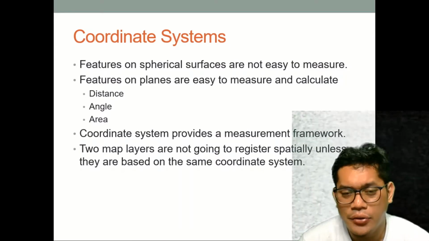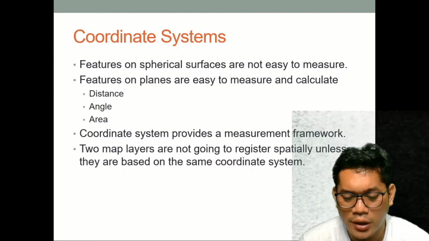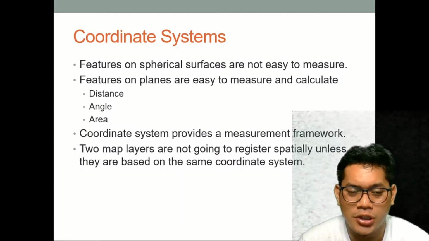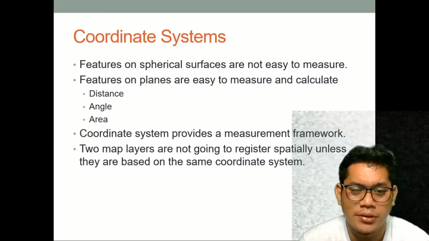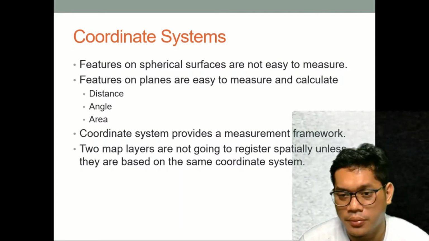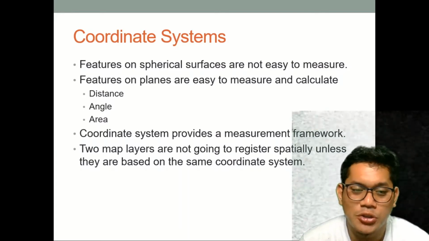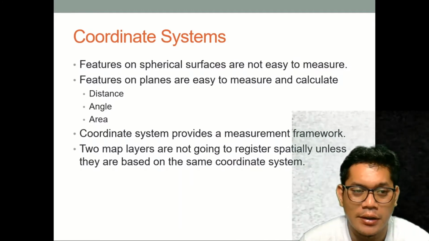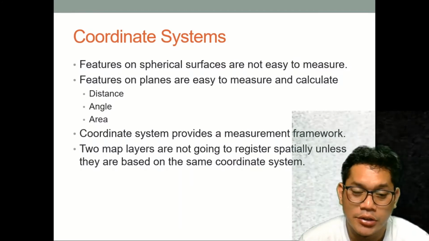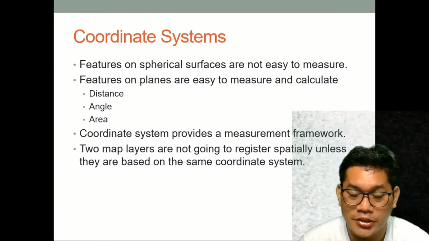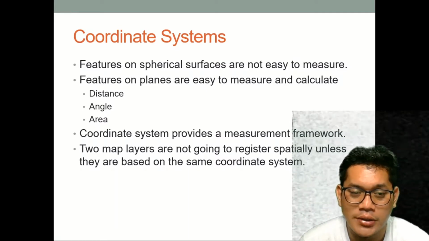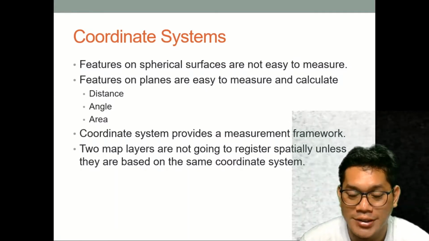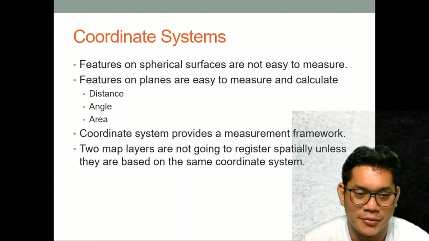It means that if you have one map in Kuching and another one in Kuala Lumpur, I want to make clear that Peninsula Malaysia and Sabah Sarawak are, surprisingly, using different coordinate systems.